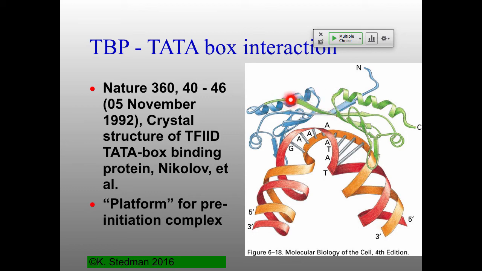The first actual structure of the TATA binding protein was in the absence of DNA, and literally on the cover of Nature, they had a double-stranded DNA, no bend whatsoever, right in the middle, right here. So it was completely wrong in terms of what the DNA looked like. And then about 6 months later, they came out with this structure that actually had the DNA in the right place in it. So it tells you that you don't have to actually be right to be on the cover of Nature.